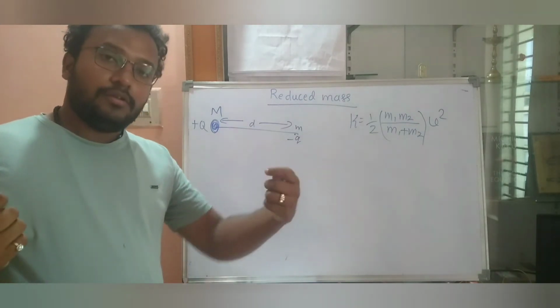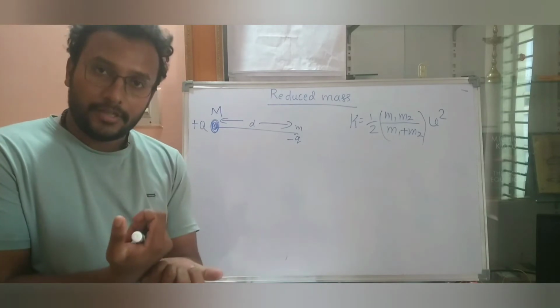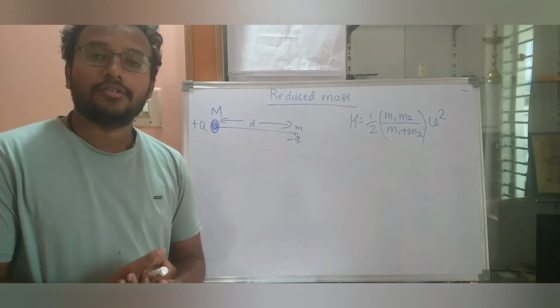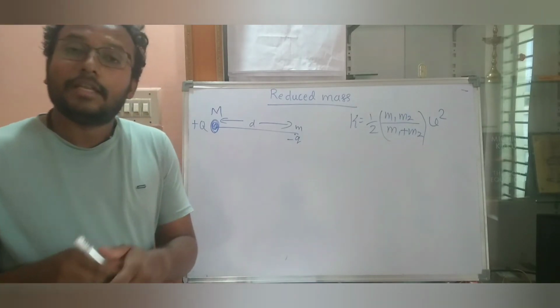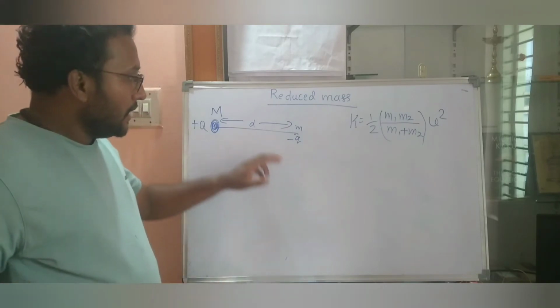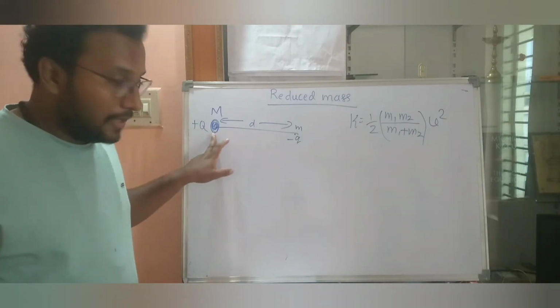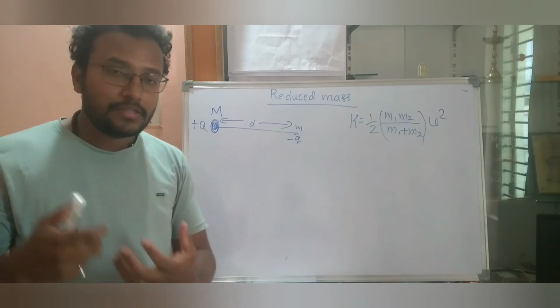Because they have different charges, they will start attracting each other by the electrostatic force of attraction. Because of Newton's laws of motion, as I have told you already, this positively charged particle will attract the negatively charged particle with some force.